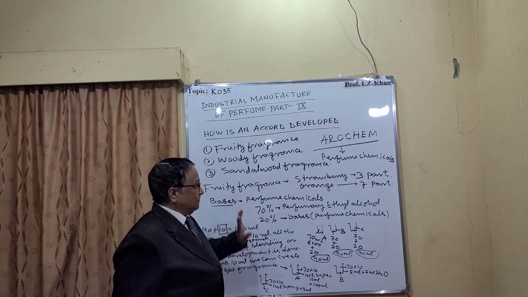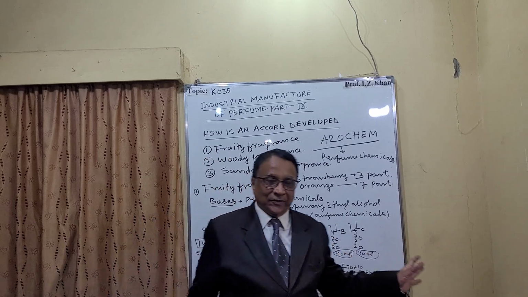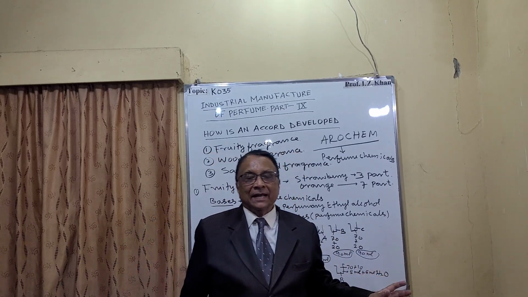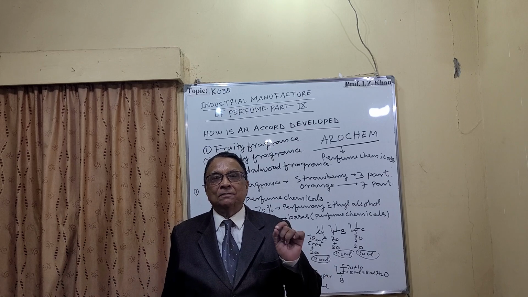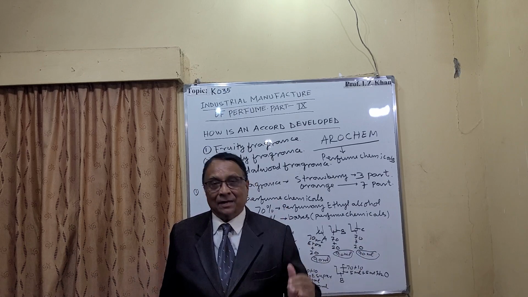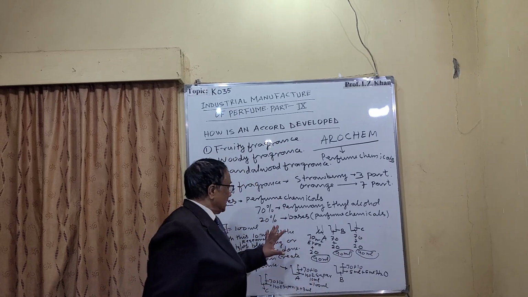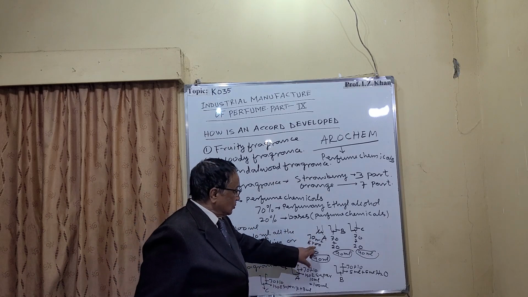In that 70%, I am talking of spray, French spray, how to prepare. Now you have 90%, 90 ml, 90 cubic centimeters you have got out of these two.